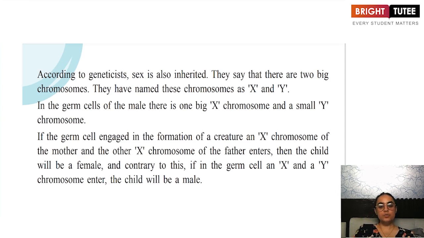It is said that there are two chromosomes present inside the human body, X and Y. The bigger one is X and the smaller chromosome is Y. So what happens is, if the germ cell, which was engaged in the formation of a creature, gets the X chromosome of the mother and the X chromosome of the father, if both the X chromosomes enter, then it is going to be a female, a girl will be born.